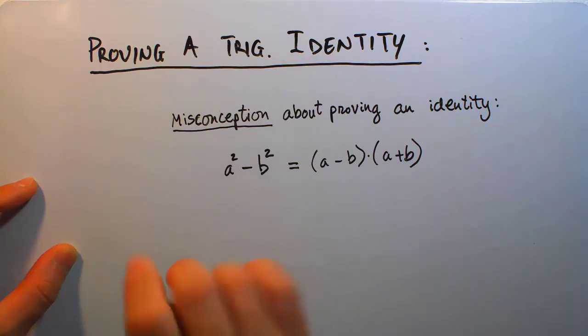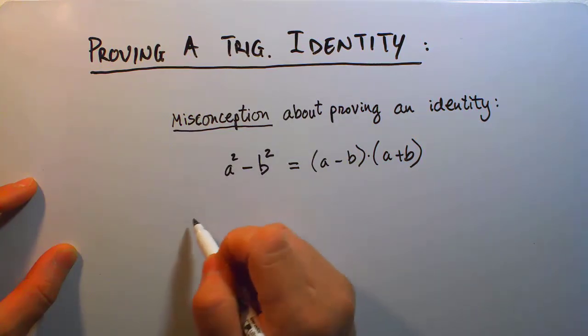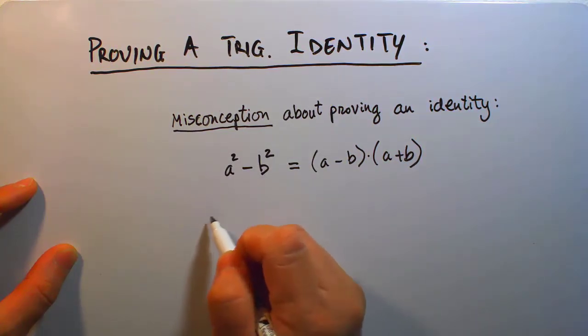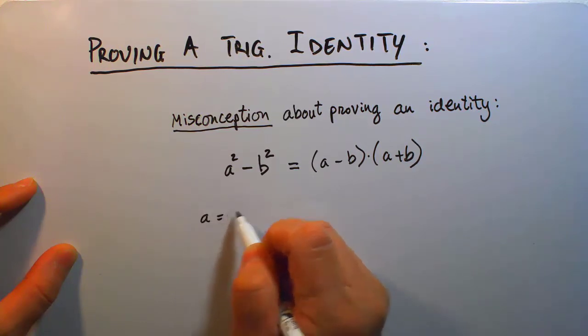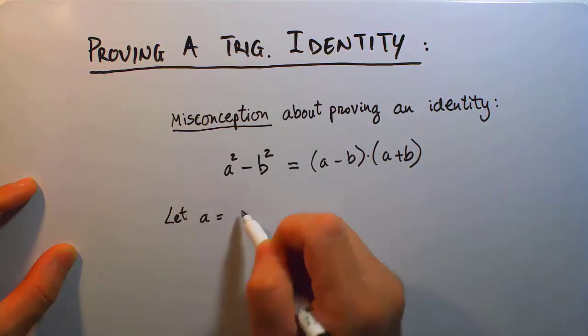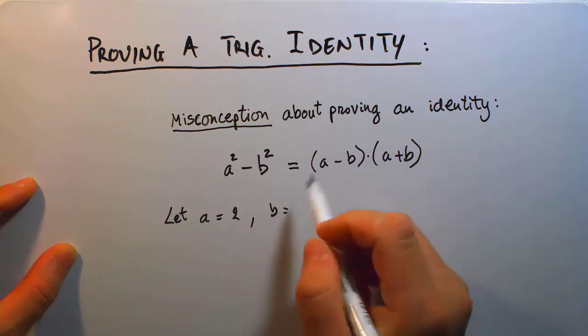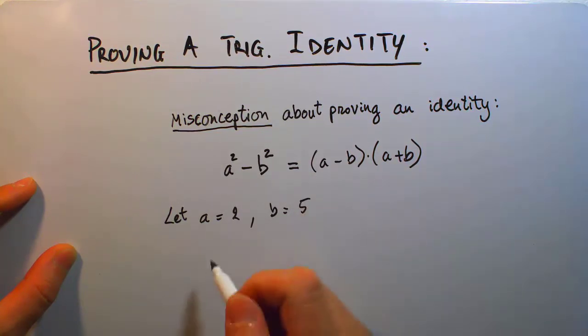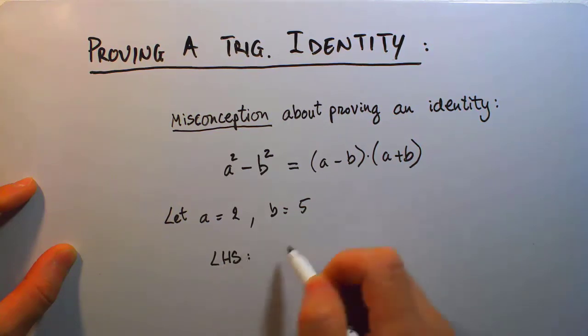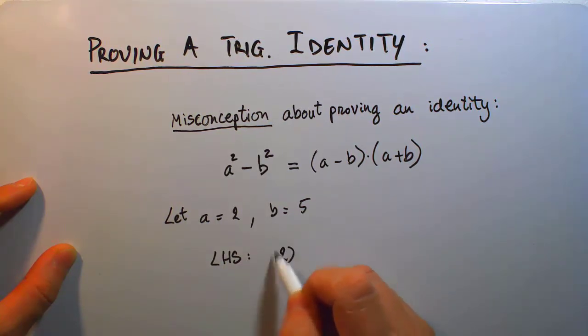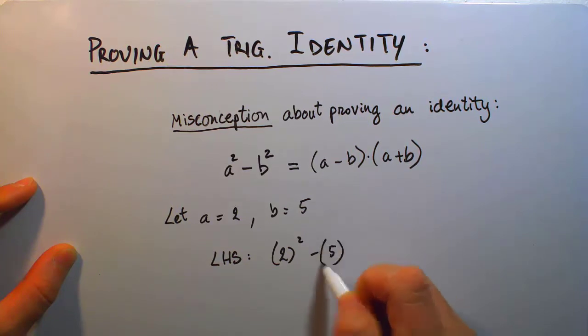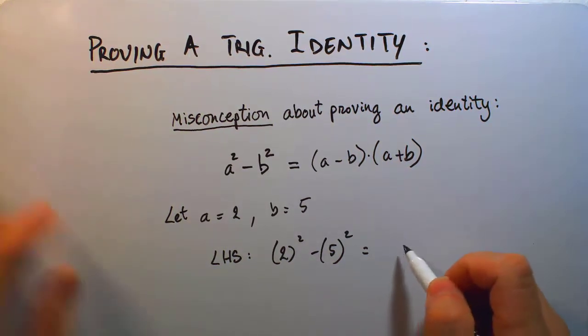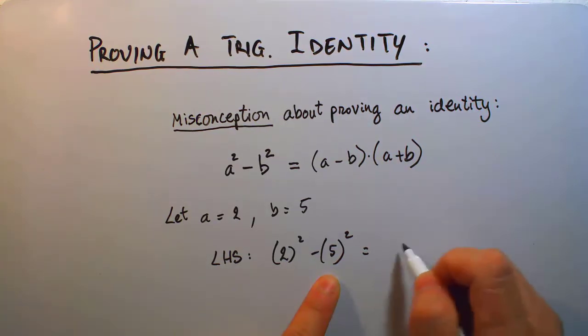The misconception I want to point out is that sometimes we just simply substitute in, let's say, let a equal 2 and b equal 5, and then we start out calculating the left-hand side being 2 square minus 5 square, consequently giving me a value, so that's 4 minus 25, which gives me negative 21.